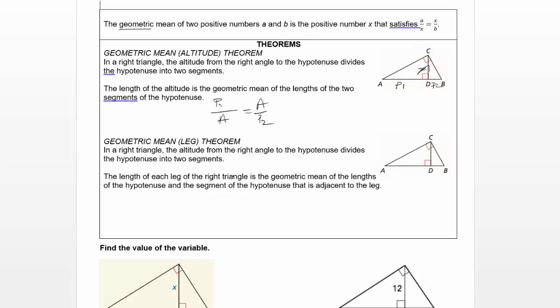In the same fashion, the legs, or the original sides that are not the hypotenuse of the right triangle, also are geometric means of two things.